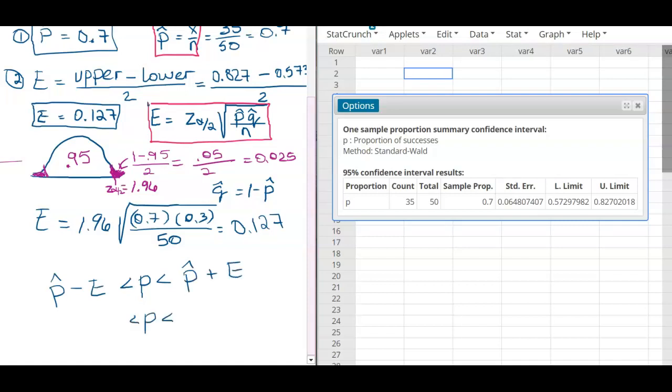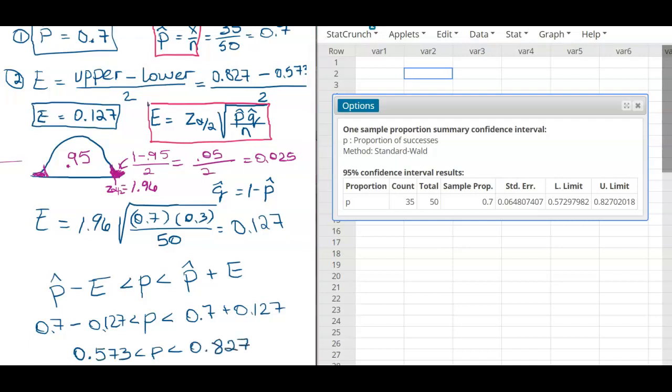The population proportion is within the limits 0.7 minus 0.127 to 0.7 plus 0.127, or within the limits of 0.573 to 0.827. The same as what we got on StatCrunch.